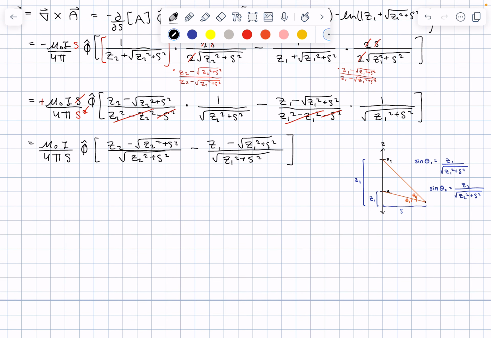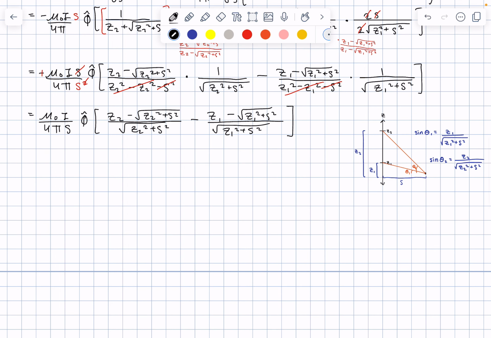Alright, and now we'll just basically be separating out these two. So we'll have z2 over the square root of z2 squared plus s squared, and then minus, basically these two over each other, so that'll just be 1.